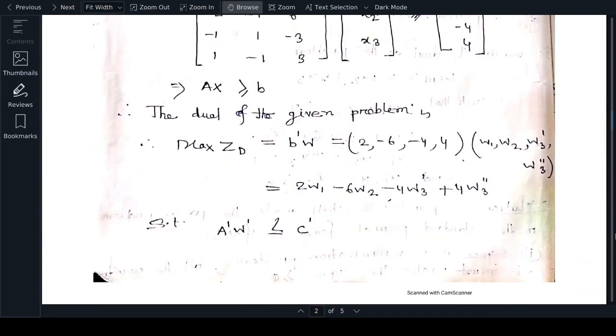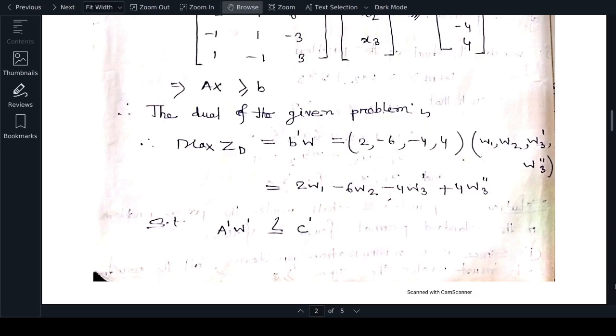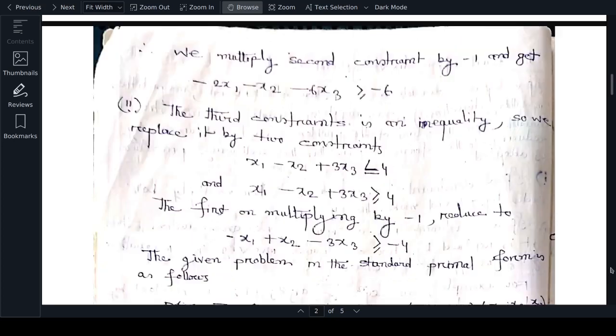So we get one unrestricted in sign variable. For this reason, we write the third variable as w3 dash and w3 double dash. Is this line clear or not? Up to this clear? Yes, sir.